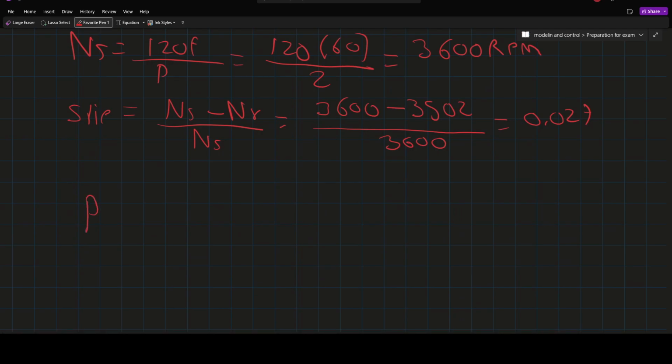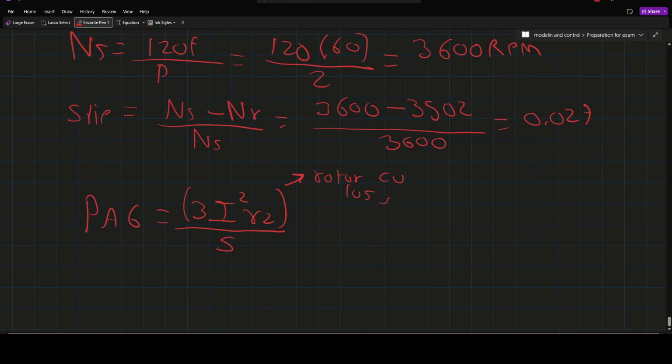And before we figured out the formula for our air gap power, that was 3 I squared times R2 over the slip. What we have over here is the rotor copper loss.